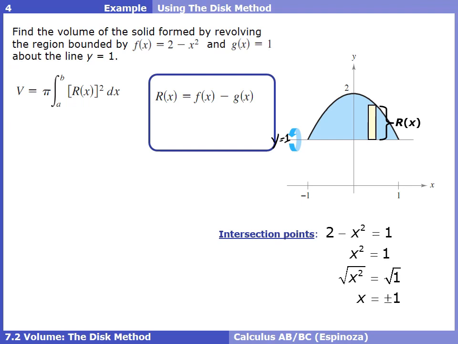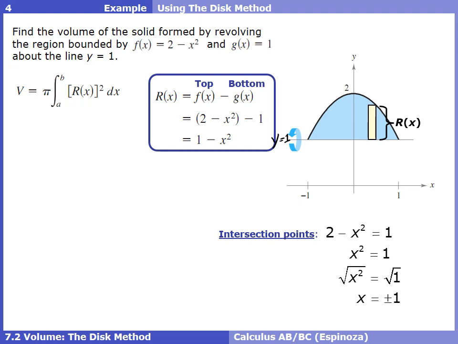The top of the rectangle is touching our f function. The bottom of the rectangle is touching our g function. Of course, we want to go ahead and write in what those functions were. So it's going to be the top function, 2 minus x squared, minus the bottom function, which was just 1. Of course, we can clean that up, and we'll just end up with 1 minus x squared.